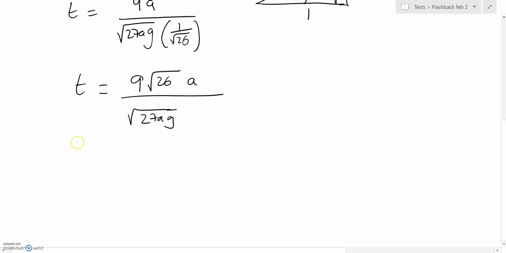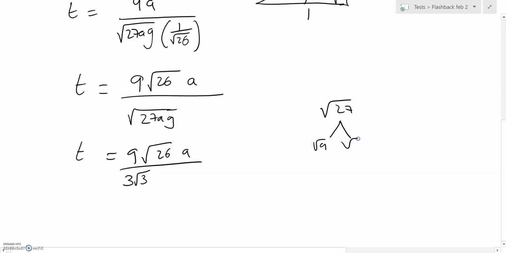Now if we simplify our surd at the bottom, we get 9 root 26 a divided by 3 root 3, as root 27 is root 9 times root 3, and we get square root a, square root g. 3 and 9 will cancel, leaving you with the 3 at the top, and an a and square root a will leave you root a in the numerator.